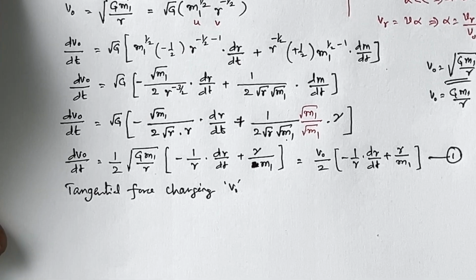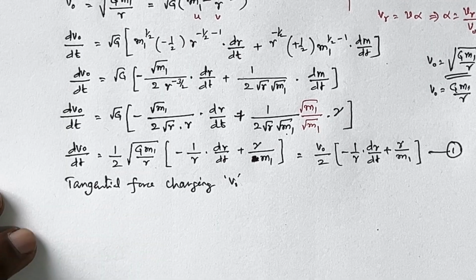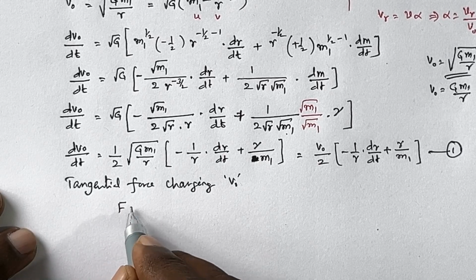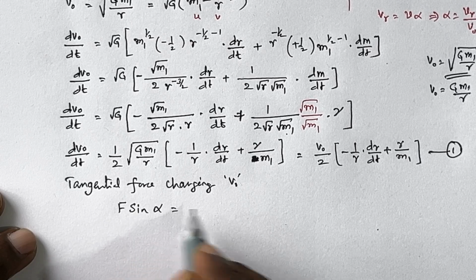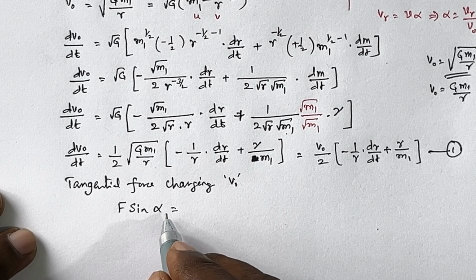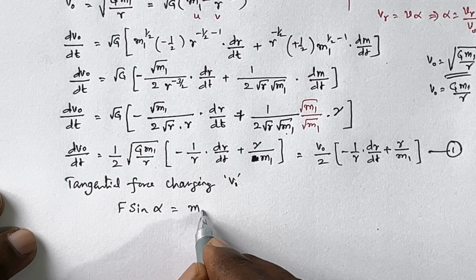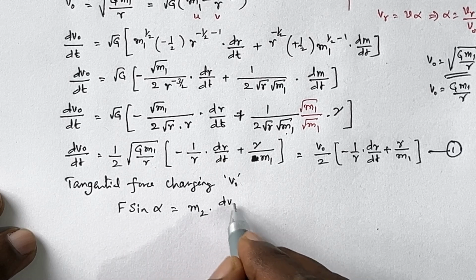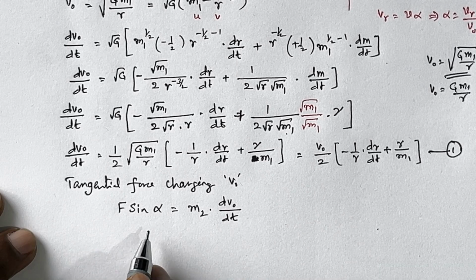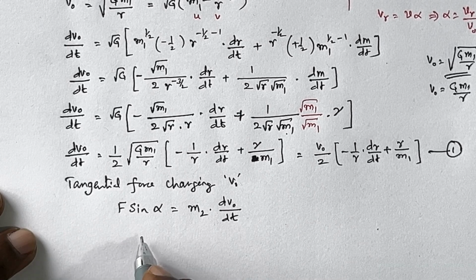So the tangential component of force F is F sin alpha, which is equal to m a, where m2 is the mass whose velocity is changing, as m2 dv naught by dt. Alpha is very small, that's why I can write F alpha.